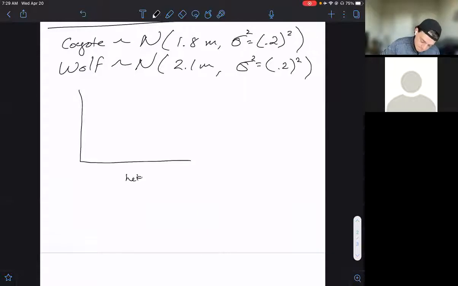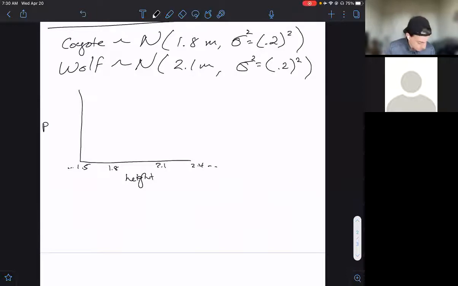And so we've got height, and then we've got the probability. I'm going to go ahead and draw 1.8, 2.1, the original mu's. Let's go out to 2.4. Let's go to 1.5, and then dot dot dot. It goes out, but I'm just going to draw the actual important region where the probabilities are a lot higher than negligible.